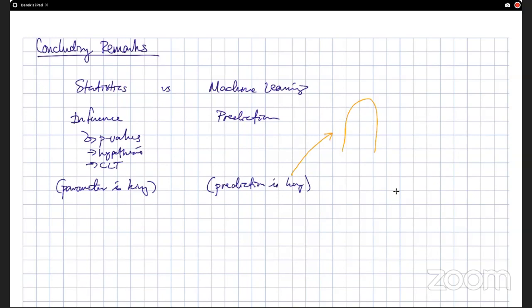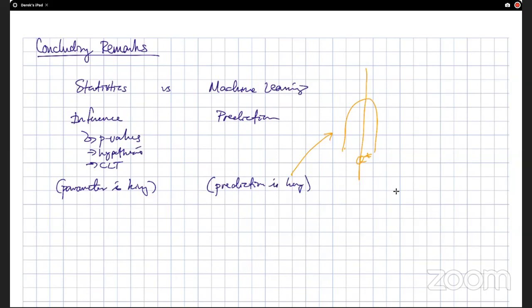The reason you like them is that you care about your parameter. Suppose this is your true parameter theta star, and I have some sample of my likelihood.